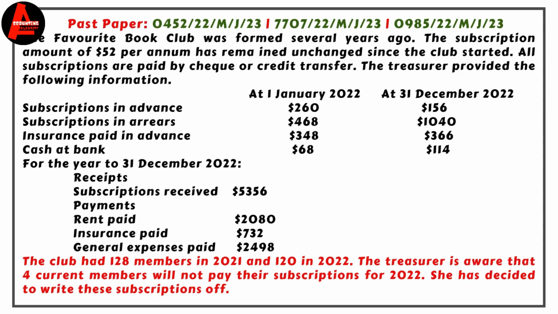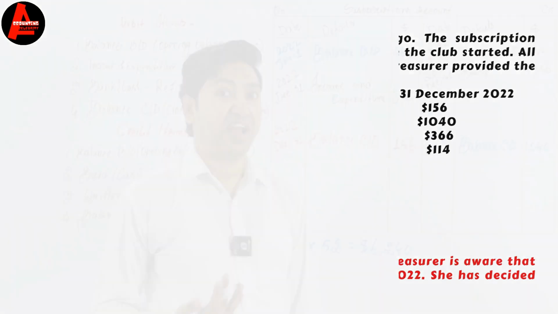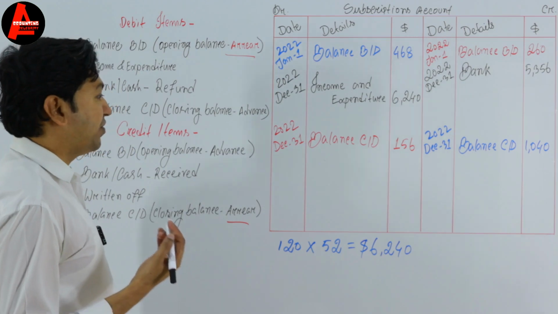At the end, the club had 128 members in 2021 and 120 in 2022. The treasurer is aware that 4 current members will not pay their subscription for 2022. She has decided to write this subscription off. So 4 members are not able to pay.